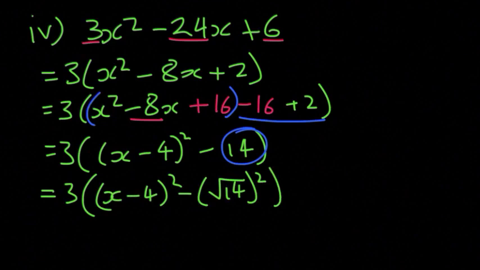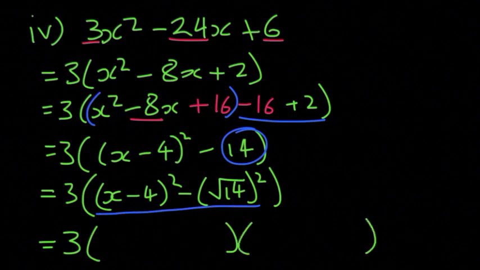And now this part here is a difference of two squares, and it will factorize, if you haven't picked up on this already, to give me a beautiful two sets of brackets. And in fact we're going to have x minus 4 plus root 14 and x minus 4 minus root 14.